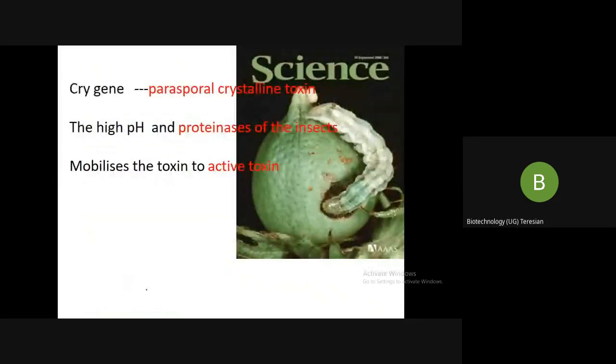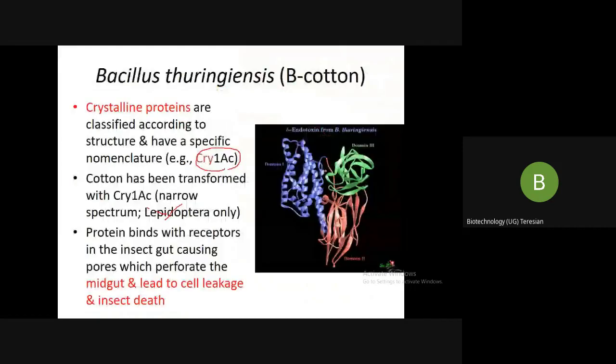You can see here, suppose this is my cotton. Now this is the species Lepidopteran. Now what the scientists do is they isolate this gene Cry1AC. As I told, it is a delta endotoxin gene.